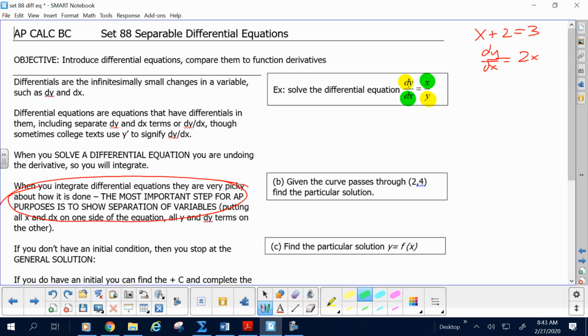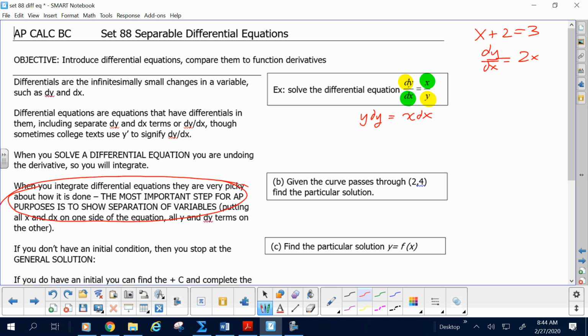Depending on what the equation looks like, the algebra could be different, but the algebra is never super duper hard. So if you separate the variables, then you would get y dy on one side of the equal sign and x dx on the other. That's separating the variables. You down?